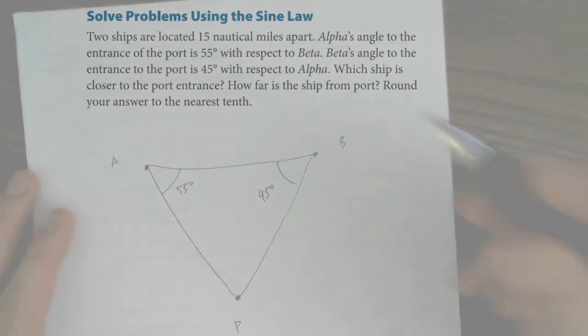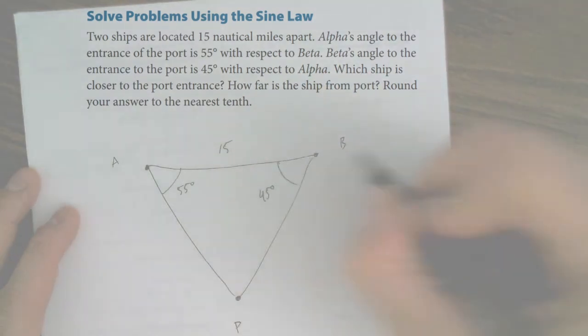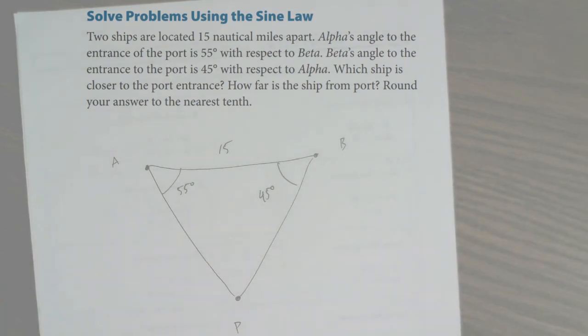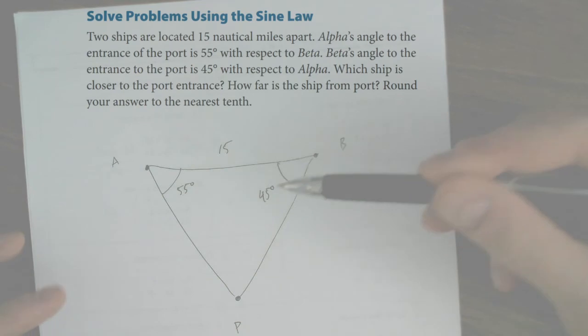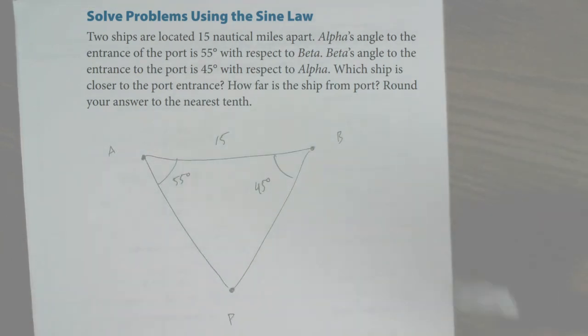The other piece of information we have is their distance apart. So we've got two angles and a side. Whenever we have two angles, we really have three because the third one can be found quite easily.